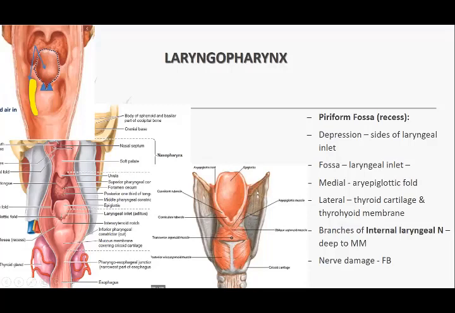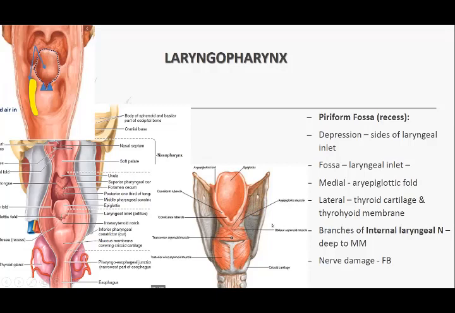If a foreign body comes into this fossa, and if that foreign body happens to be pointed, like a chicken bone or fish bone in children, as mentioned in your book, then the pointed end of the bone may pass right through this membrane or cartilage.